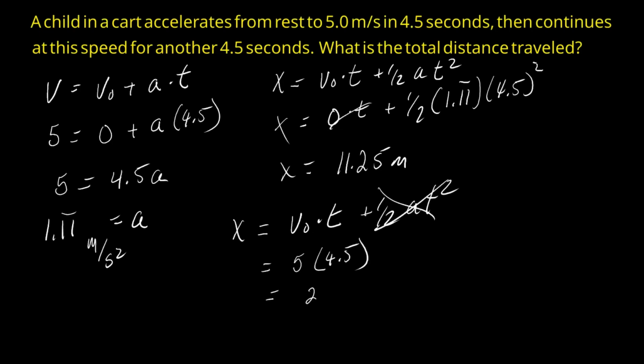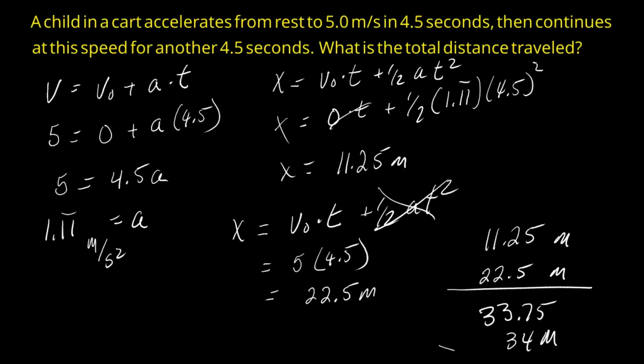This gives me 22.5 meters. All right, so if we were to add 11.25 meters with 22.5 meters, if we round this off, it's 34 meters. Either one of these should be good.